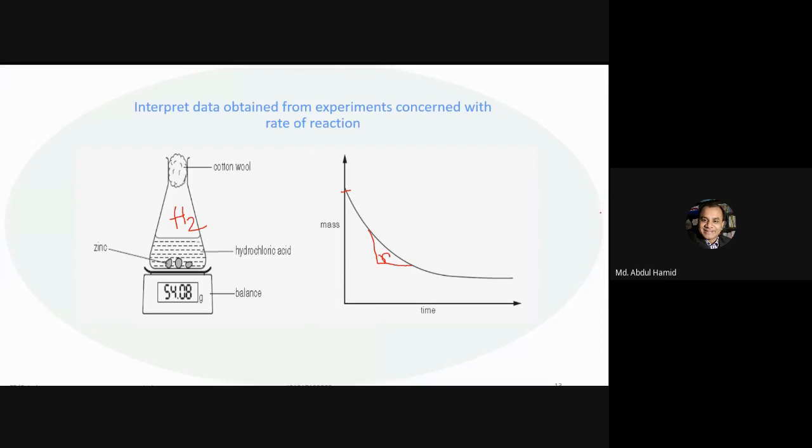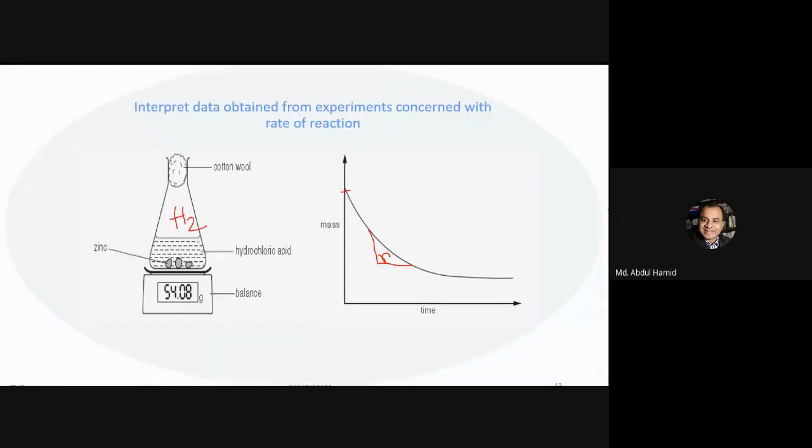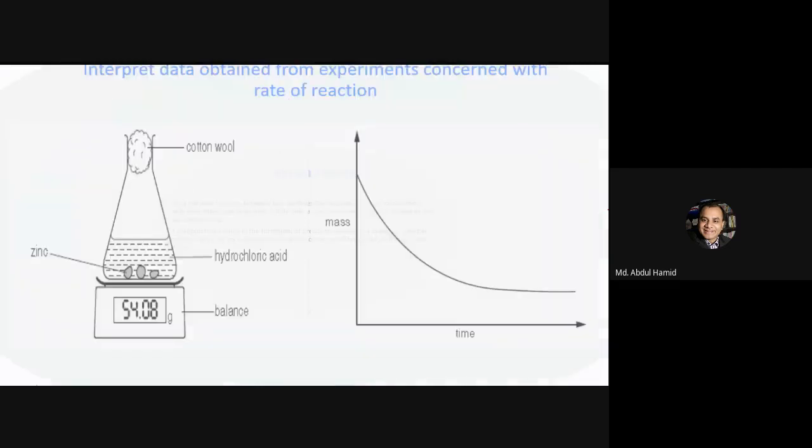This rate will be negative because we are calculating the remaining mass, as the product is going out. Another way is hydrogen peroxide decomposition, but we are not discussing it now. This will be needed for your paper 4. It is H2O2, hydrogen peroxide decomposition. Different catalyst, different speed. We have already discussed catalysts.